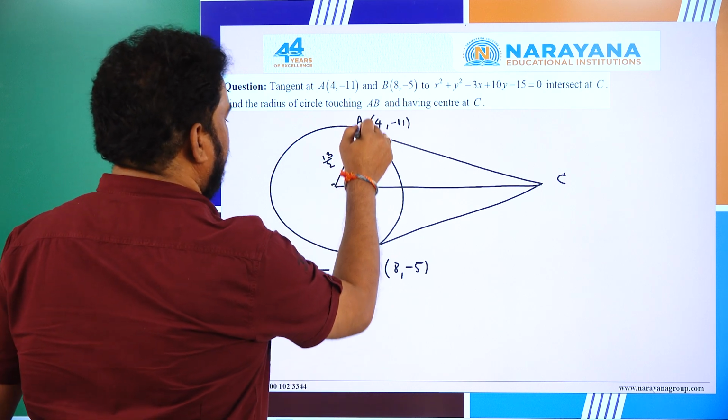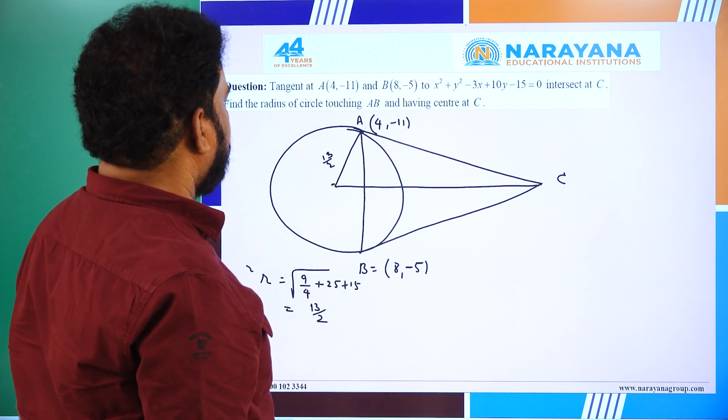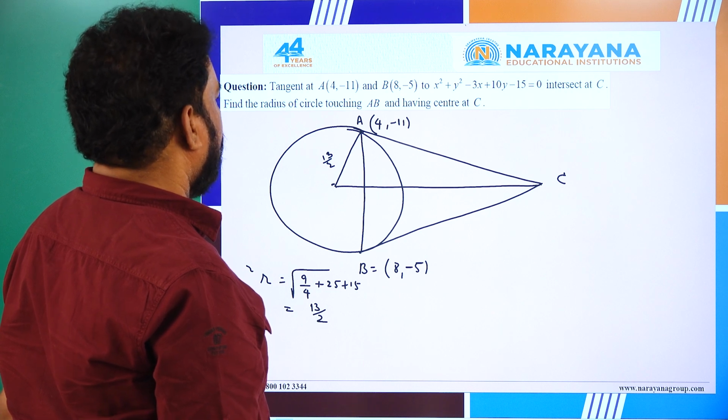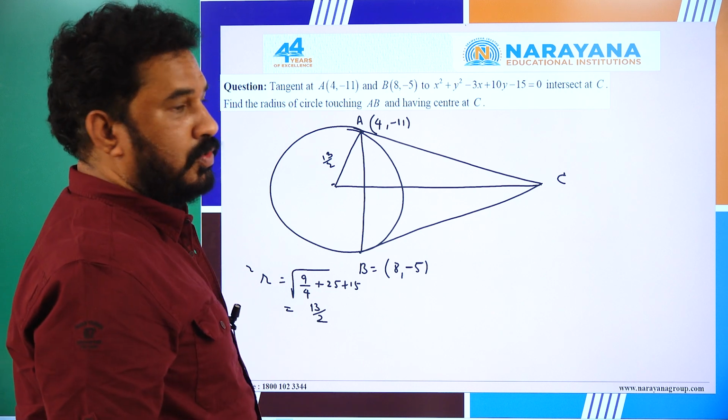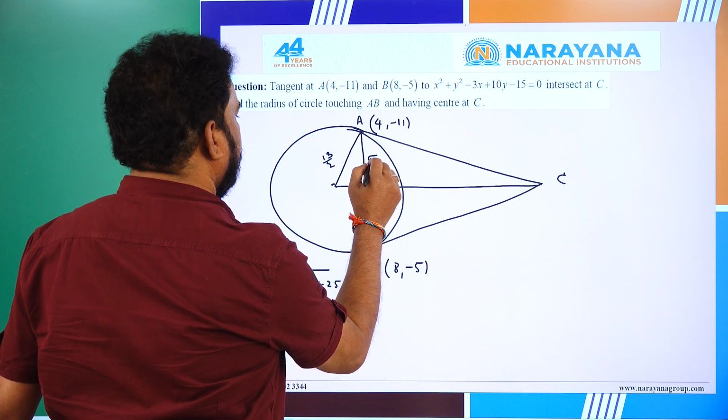Next, the length of the chord AB is the square root of 16 + 36, which is root 52, that is 2 root 13. Half of this part is root 13.